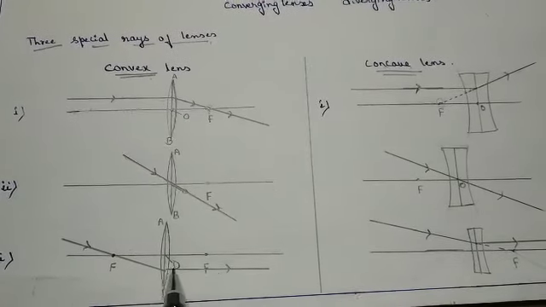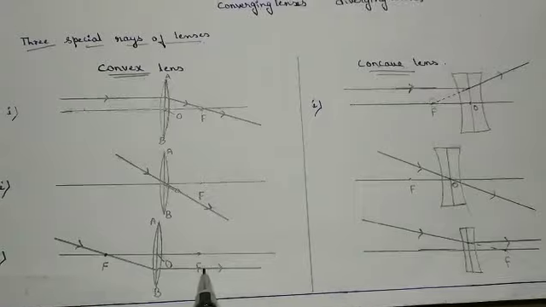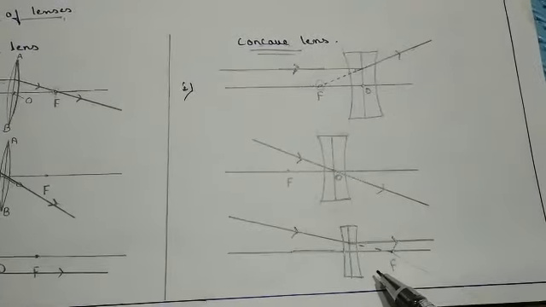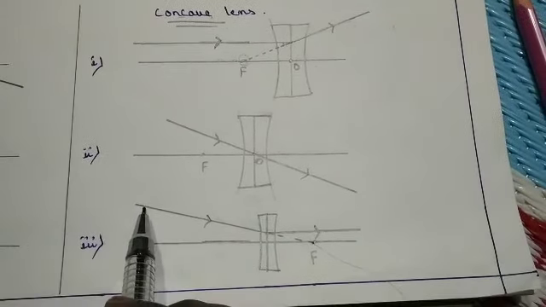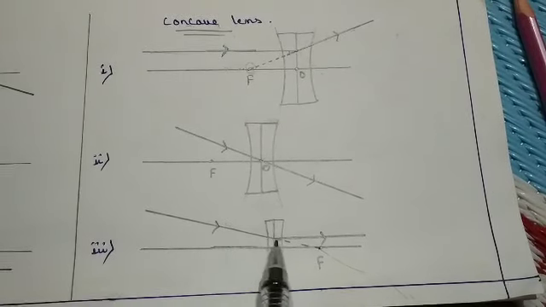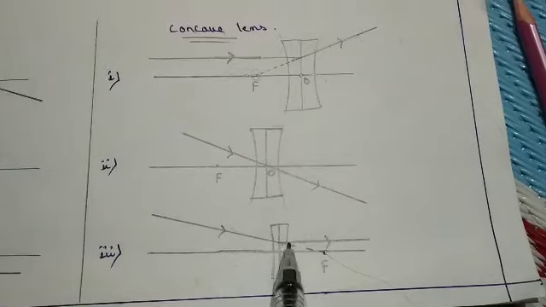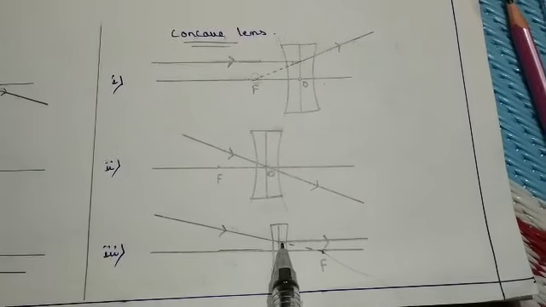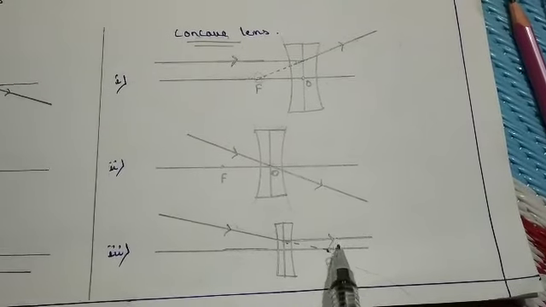After refraction, the refracted ray will be parallel to the principal axis. This is in convex. If I move towards the concave, here the incident ray is directed towards the focus, and after refraction from the lens, we know that concave is nothing but a diverging lens, the diverged rays will be parallel to the principal axis.